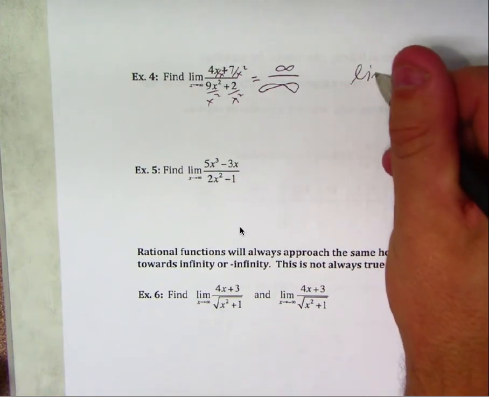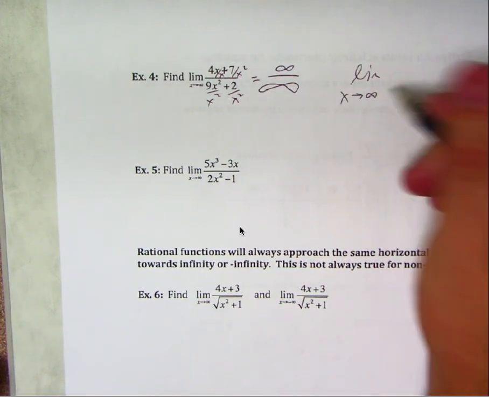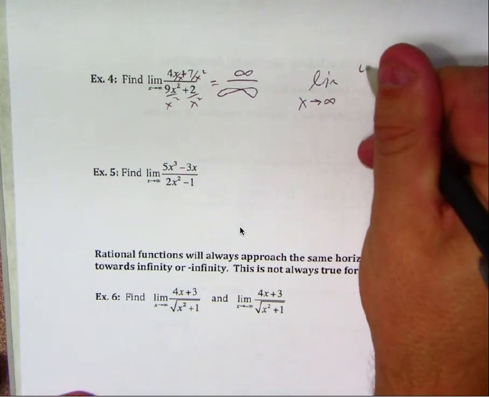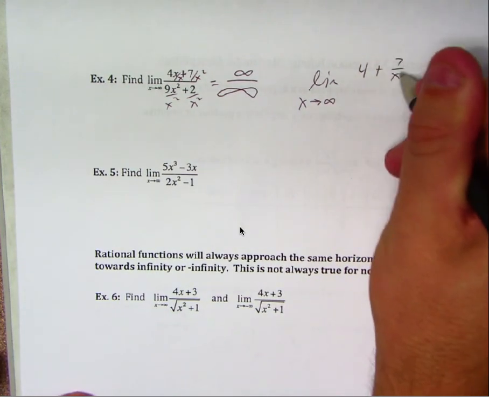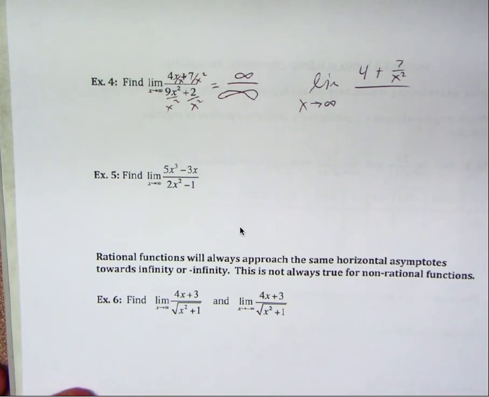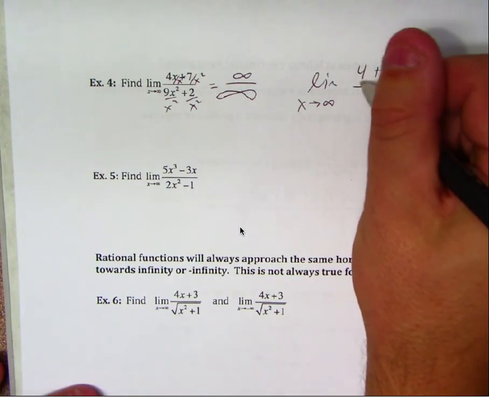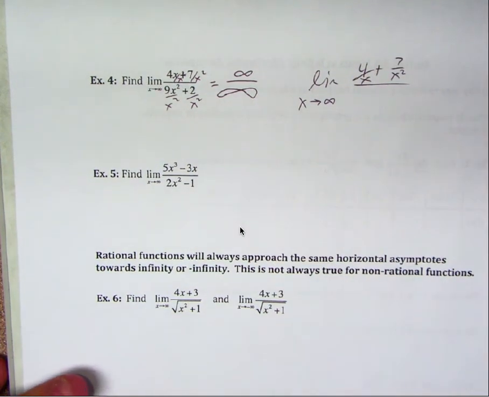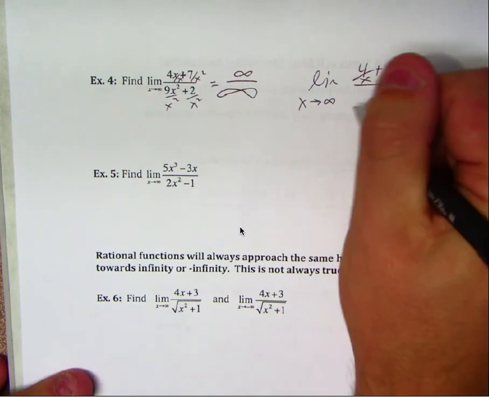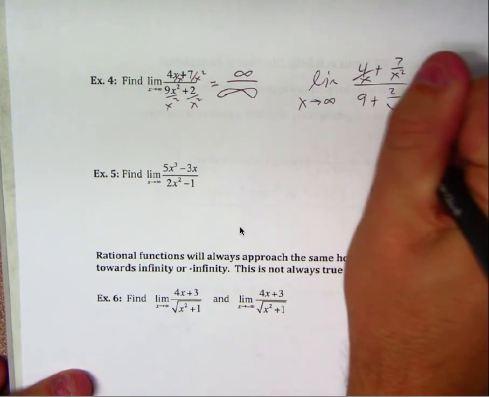So now we have the limit as x approaches infinity of 4 plus 7 over x squared. Oh wait, it'd be 4 over x. And then on bottom you'd have 9 plus 2 over x squared.